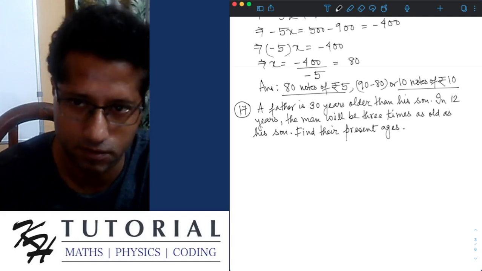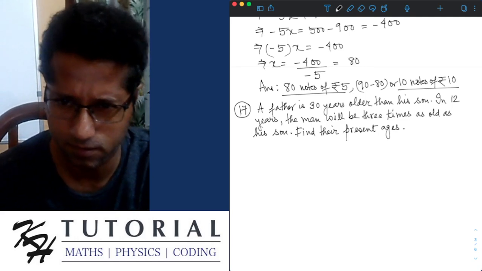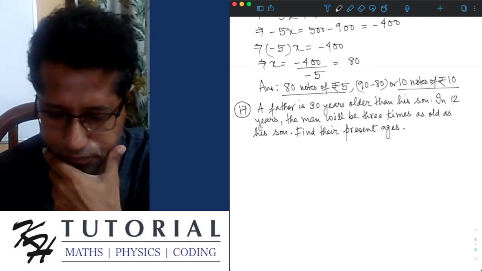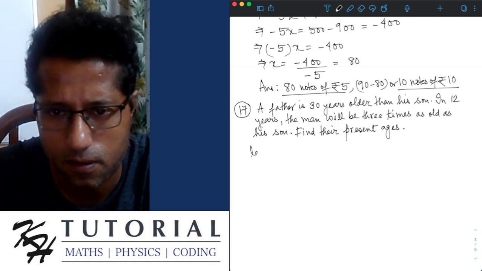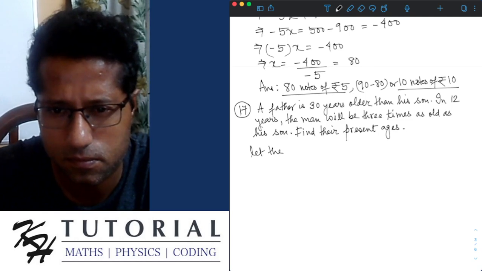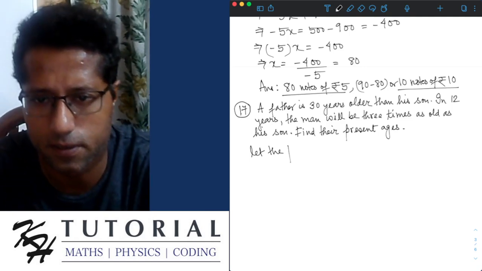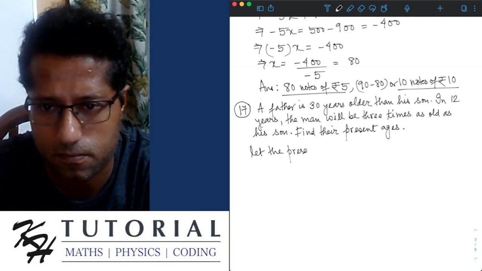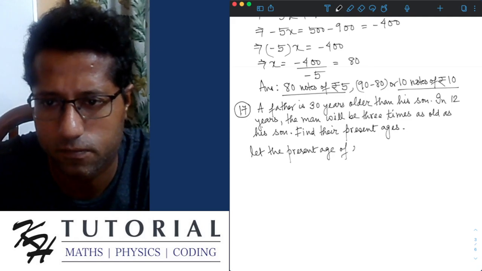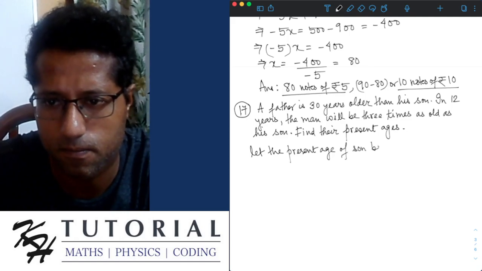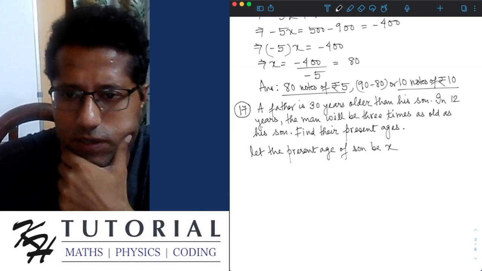So it is saying that a father is 30 years older than his son. Eventually we have to find the present ages of father and his son. So let's assume the present age of son be x. Now what are the facts given?